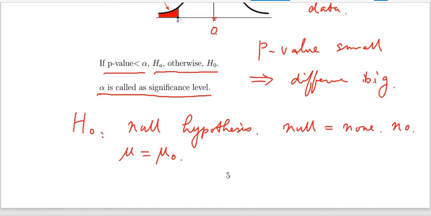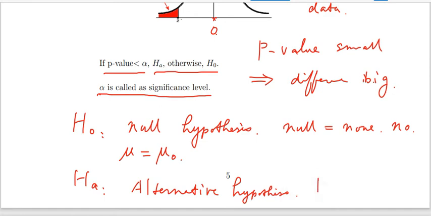HA, the A means alternative hypothesis. So this HA can be, let's say mu equals this number, but we just don't believe them.